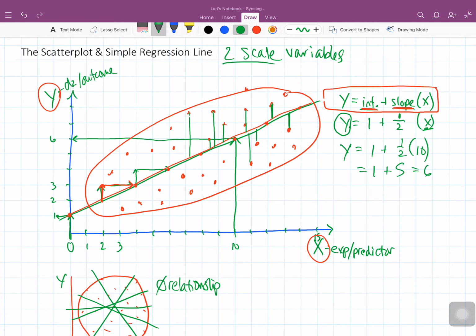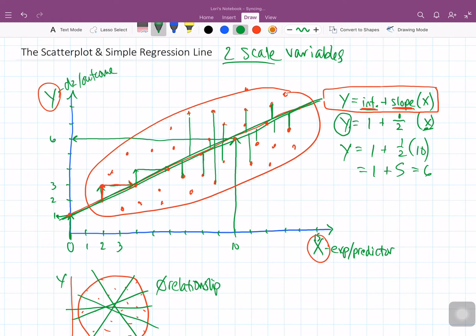Well, this particular line that we've drawn here, if we did it correctly, has been created specifically to be as close as possible collectively to all of these different dots.